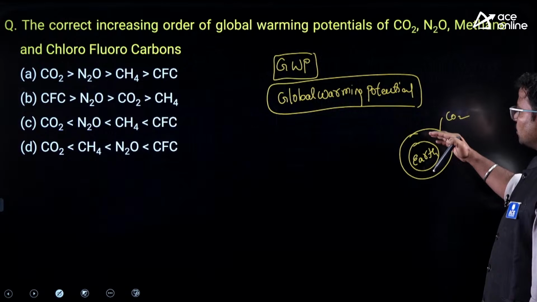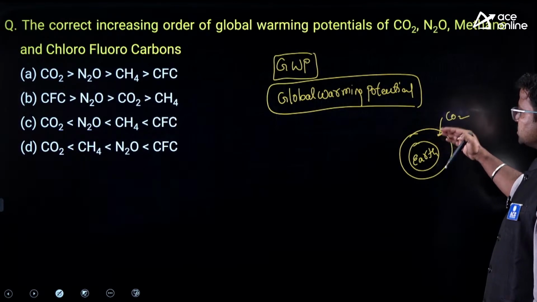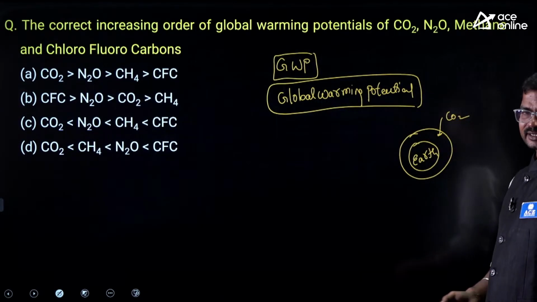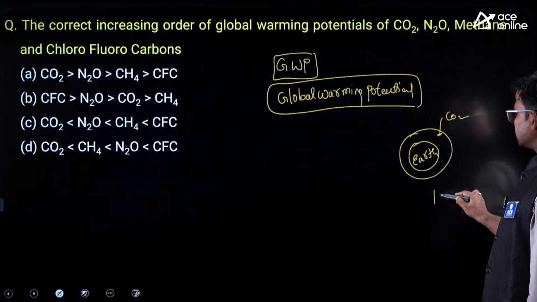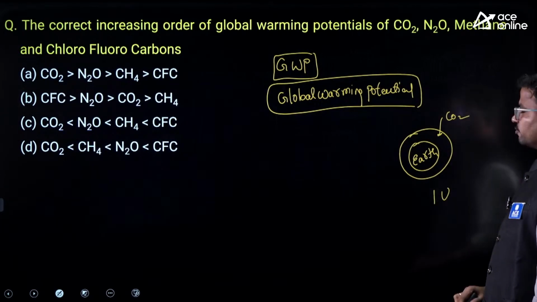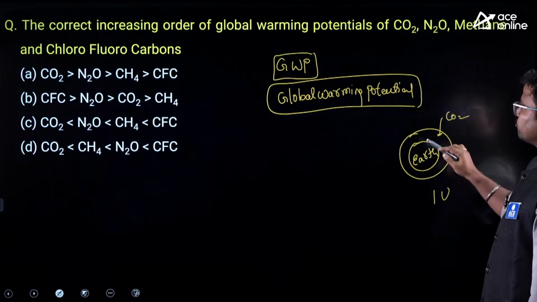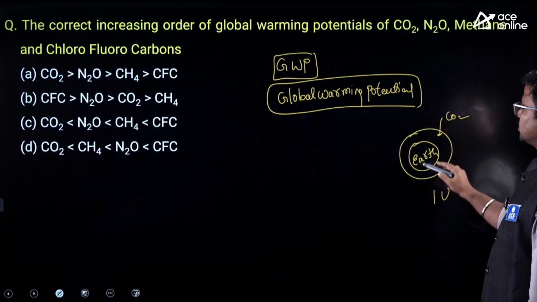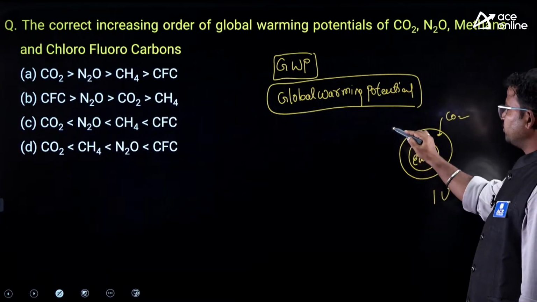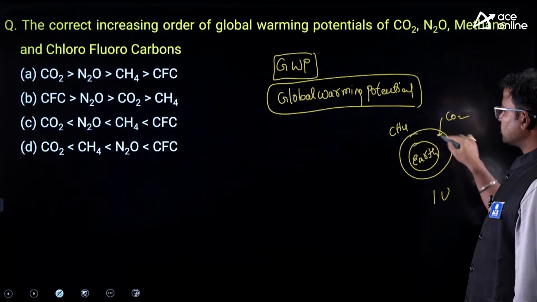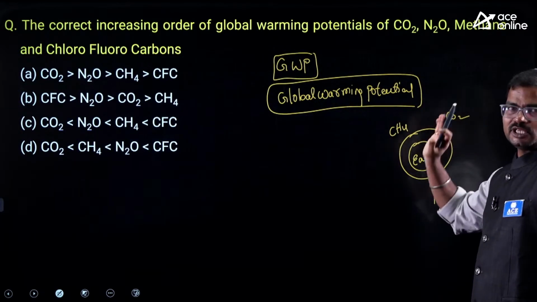So how much will the temperature be raised by the existence of carbon dioxide? Let's consider the value is 1 unit. This is the first case. In the second case, instead of carbon dioxide, if it is filled with methane, it means in this atmosphere it has only methane molecules.